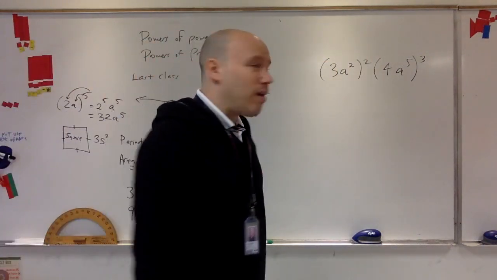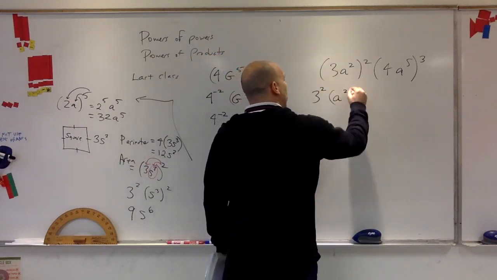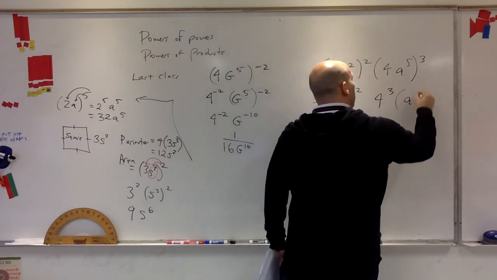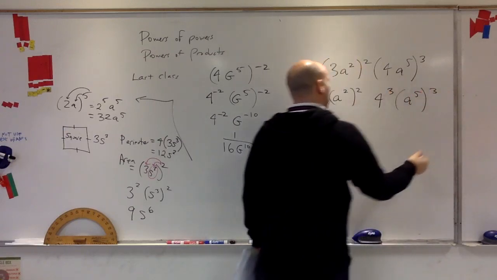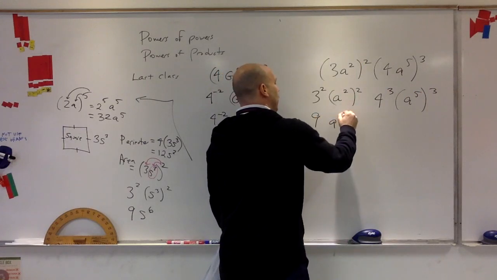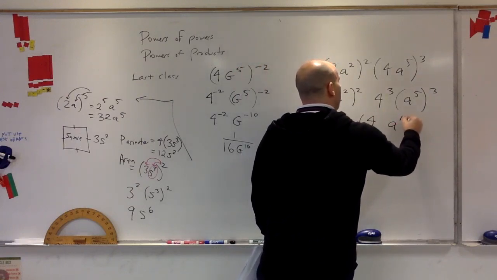Okay, here's the answer. 3 squared, a squared, 4 cubed, a to the 5th cubed. 9a to the 4th, 64a to the 15th.